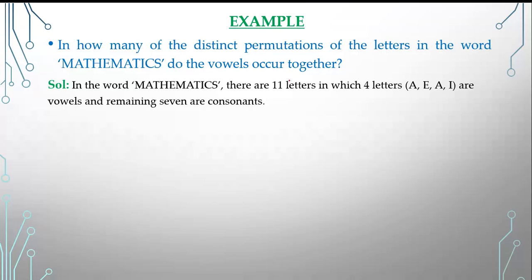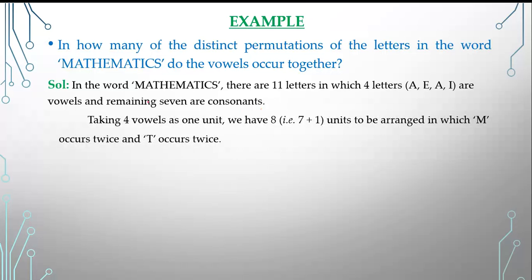Out of these 11 letters, how many vowels are there? The vowels A, E, A, I, so we have 4 vowels. Out of 11, 4 are vowels and the remaining 7 are consonants. When we make a group of these four vowels as one unit, how many units are there?